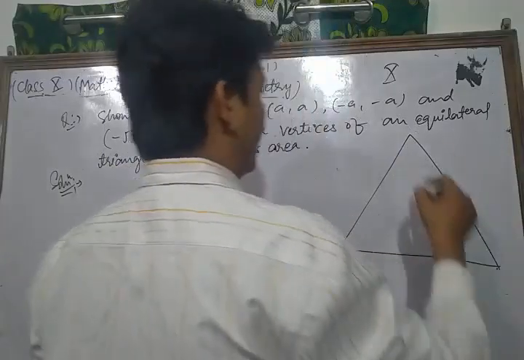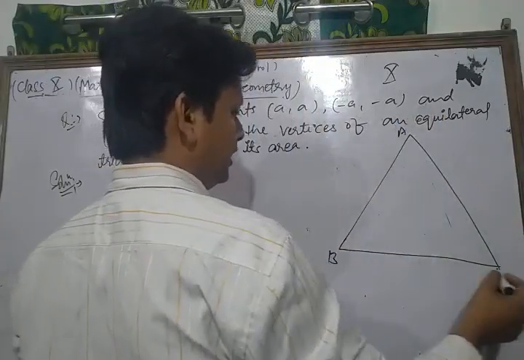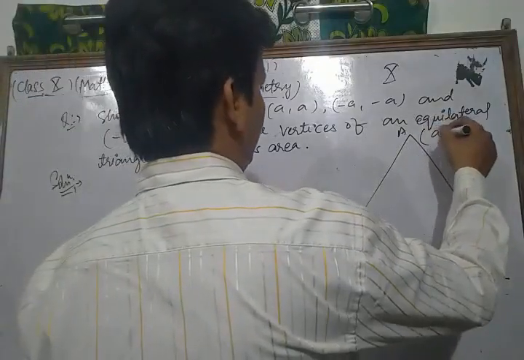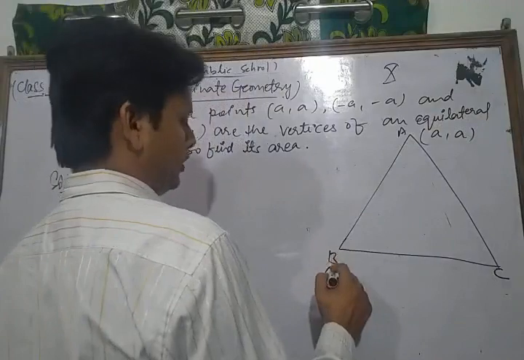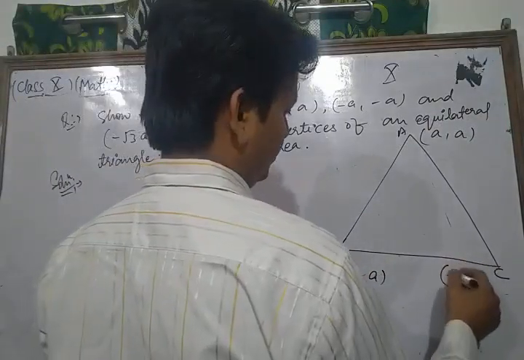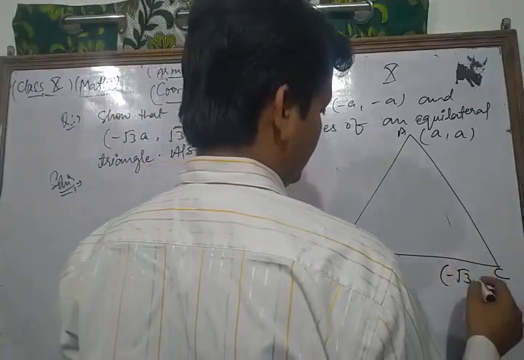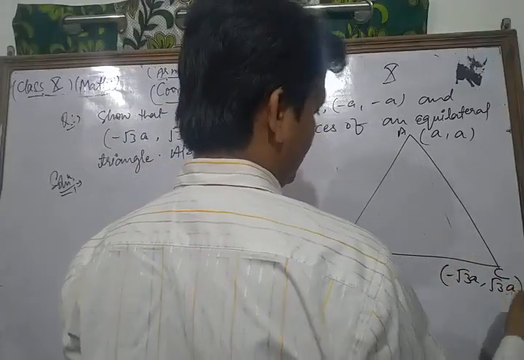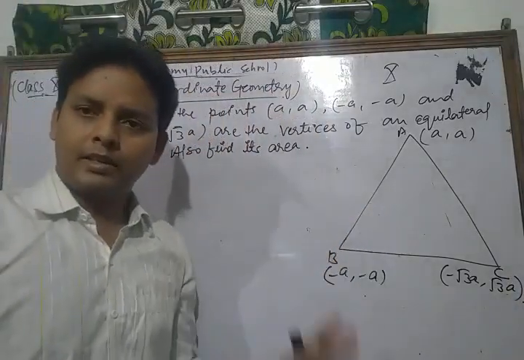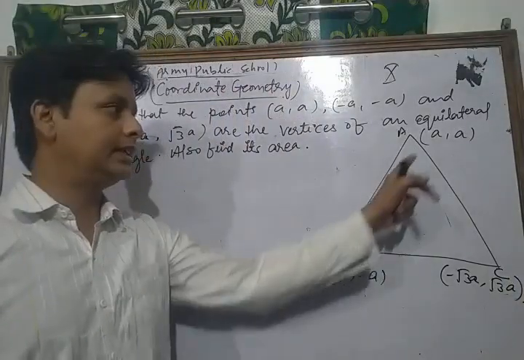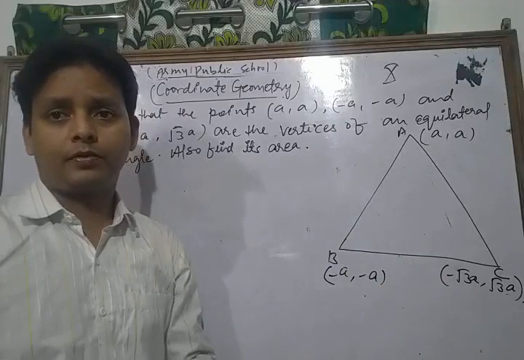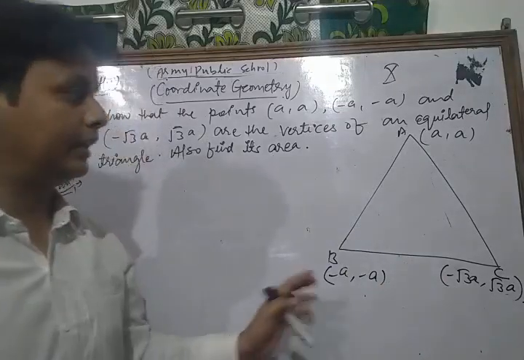Suppose we have a triangle ABC, with vertex A as (a, a), B as (-a, -a), and C as (-√3a, √3a). We have to show that these are the vertices of an equilateral triangle.